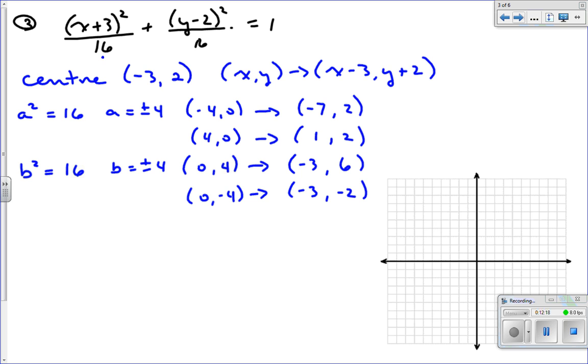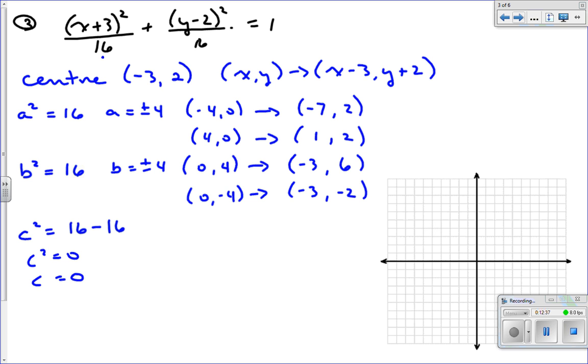And our foci, c squared is equal to 16 minus 16, a squared minus b squared, c squared is equal to 0. So we're actually getting only one focus, okay?